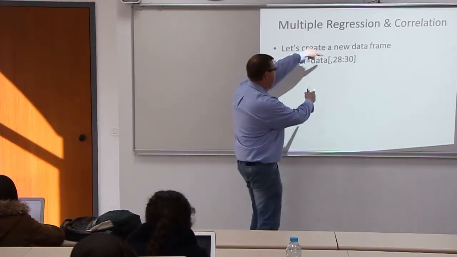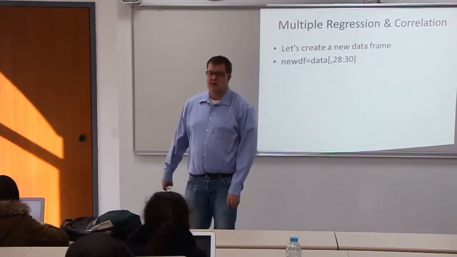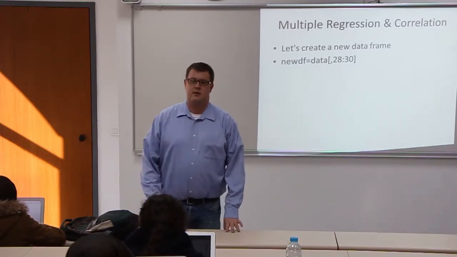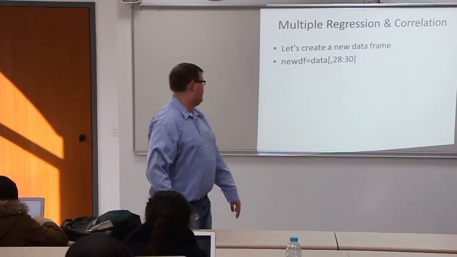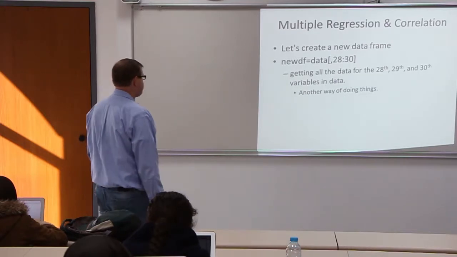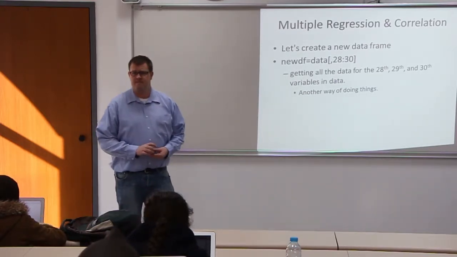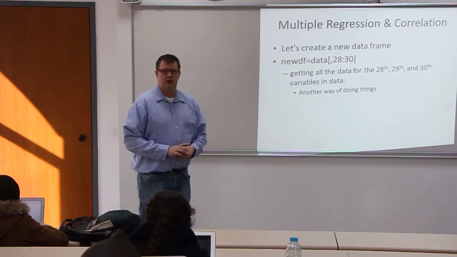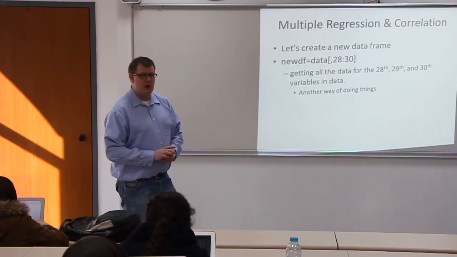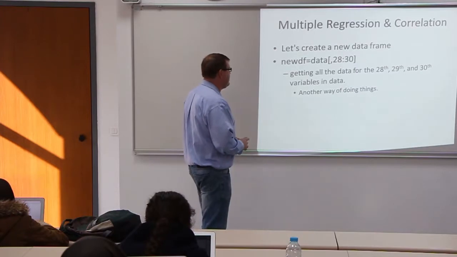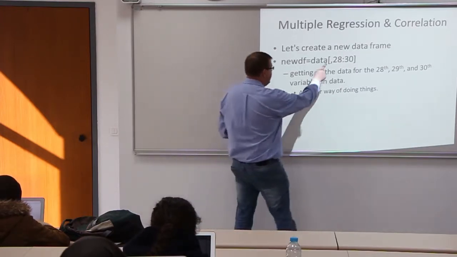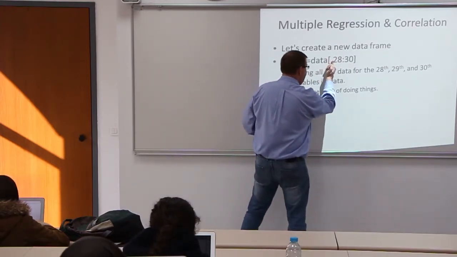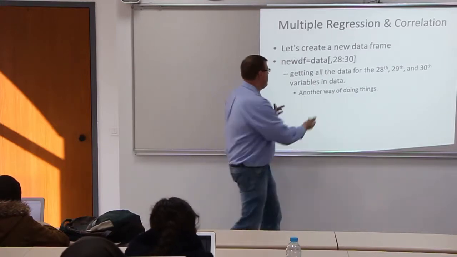28:30. Now these are brackets, not parentheses. So what we are doing here is we are getting all of the data. There's nothing before this comma here, but R assumes, okay, there's a comma.